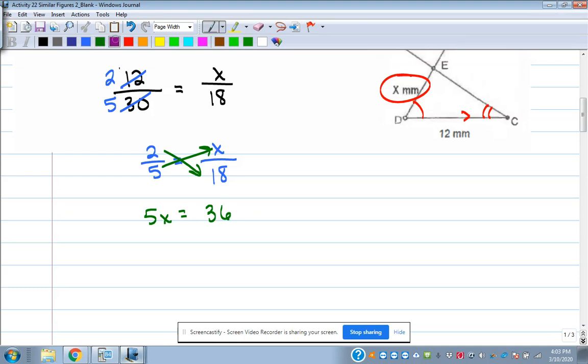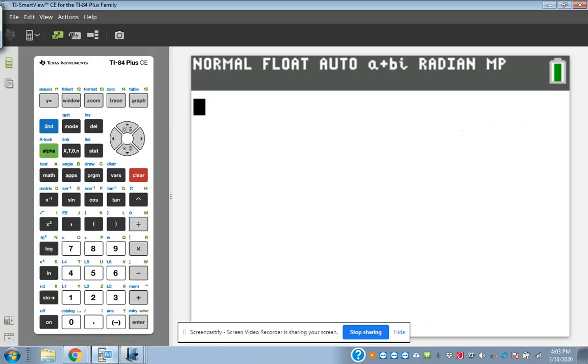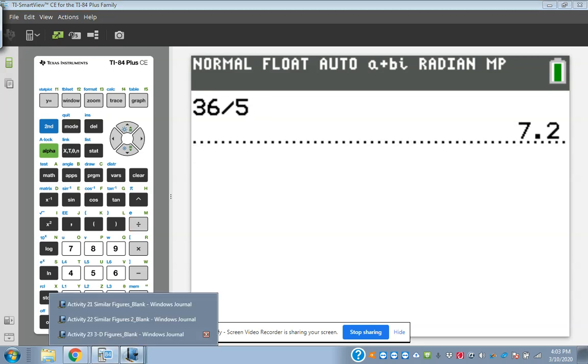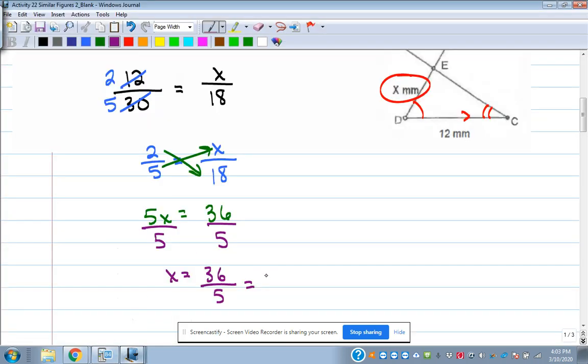And then we would divide by that old 5 there. And we'll go ahead and do a decimal there even, because it terminates real nice, 7.2. And this would be millimeters because that's what it was measured in the original picture there.